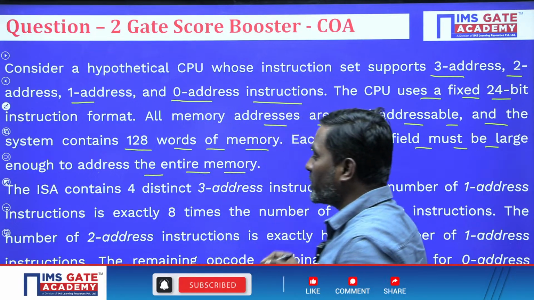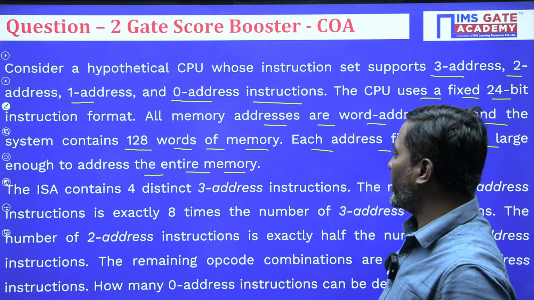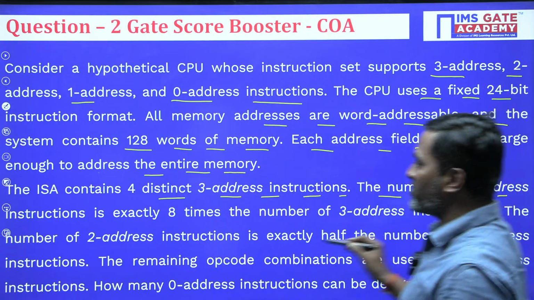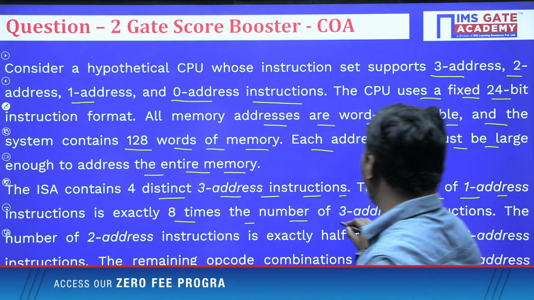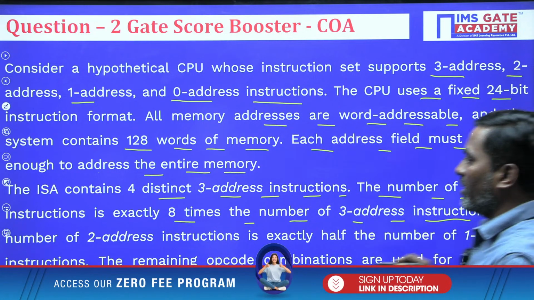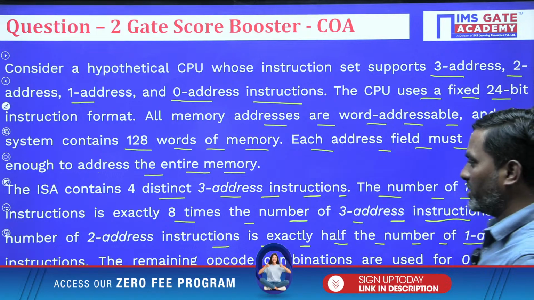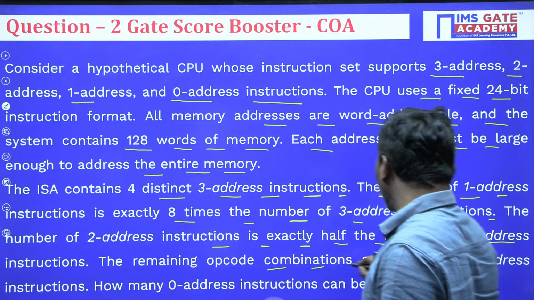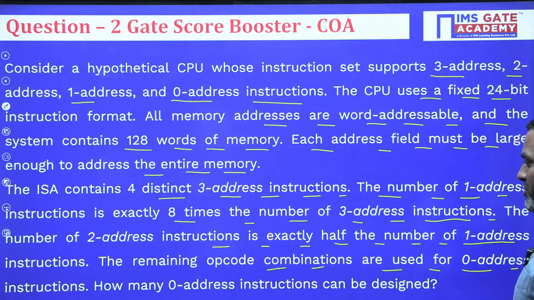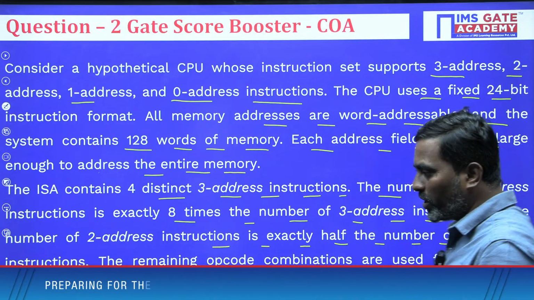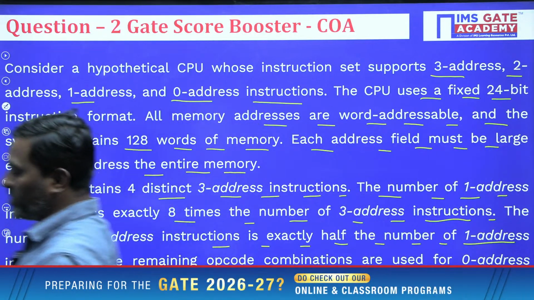This instruction set architecture contains 4 distinct 3 address instructions. The number of 1 address instructions is exactly 8 times the number of 3 address instructions. The number of 2 address instructions is exactly half the number of 1 address instructions. The remaining opcode combinations are used for 0 address instructions. How many 0 address instructions can be encoded for this architecture?